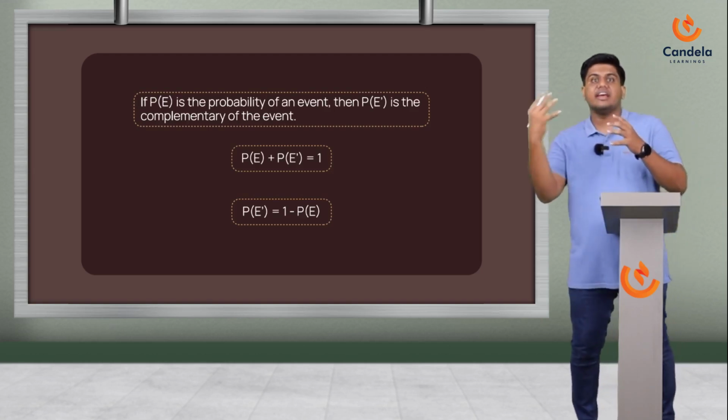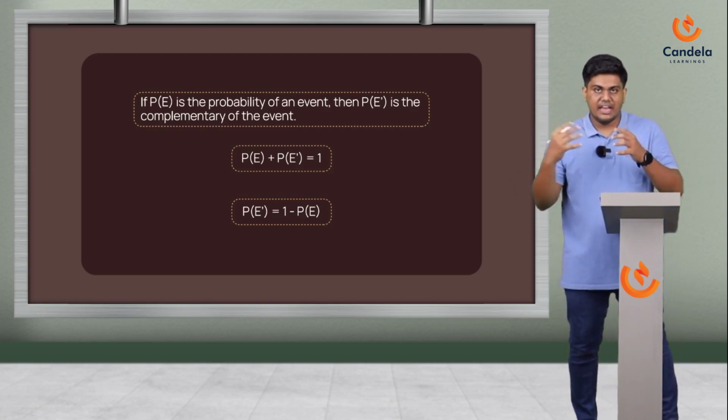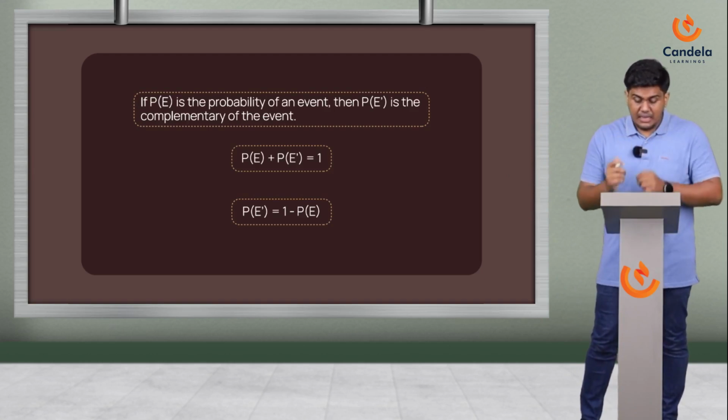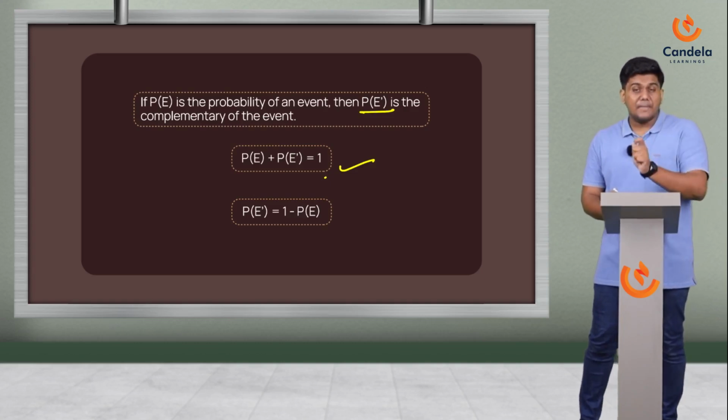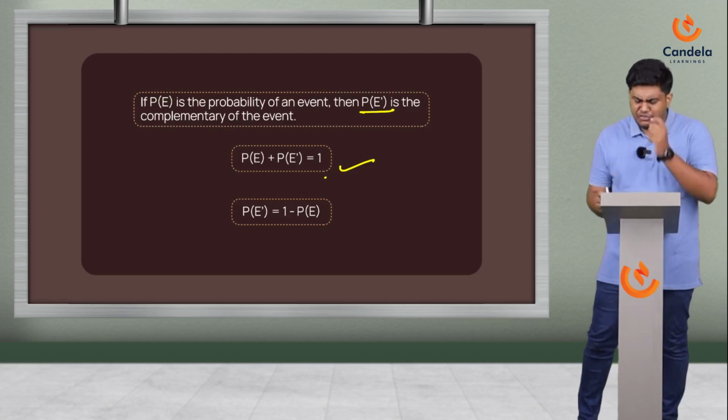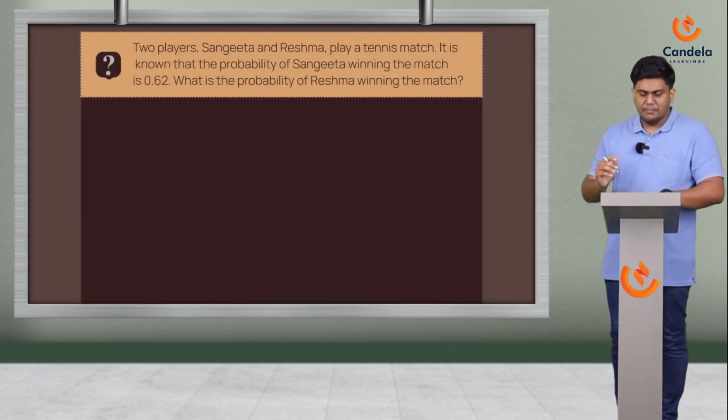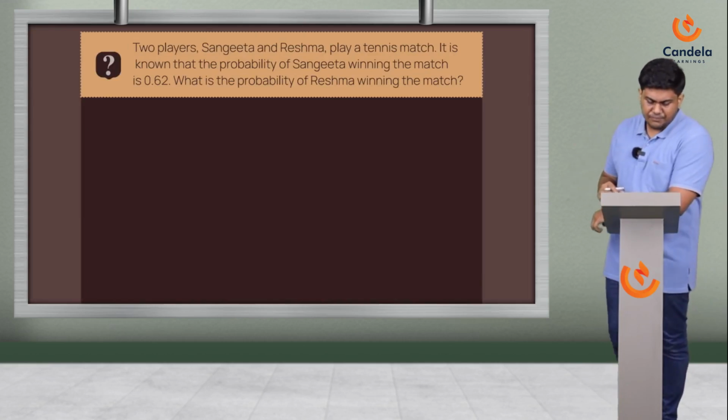That is the other side of that particular scenario. So, P of E plus P of E dash is equal to 1, and P of E dash is 1 minus P of E. Let's do a question to kind of bring this point very clear in our head.